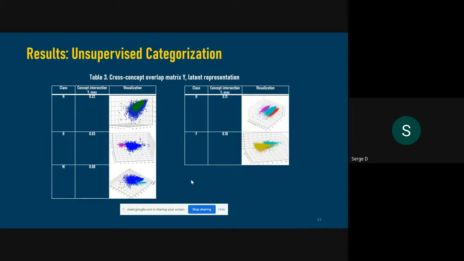Here in the next set of slides, we show the separation between different concepts. Again, it can be seen that some concepts or classes, I use them interchangeably, show very good separation, so their overlapping region is very small.